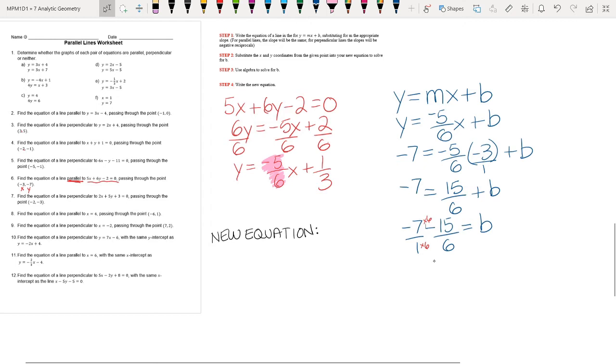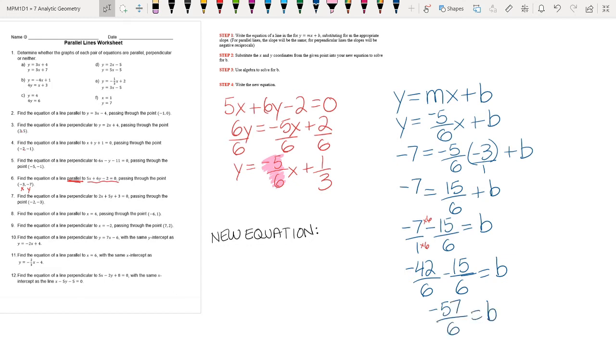And to get 1 to be 6, I multiply it by 6, which means I have to also multiply negative 7 by 6. And that's going to give me negative 42 over 6 minus 15 over 6 equals 2b. And now I can simply subtract the numerators, and I get negative 57 over 6 is equal to b.